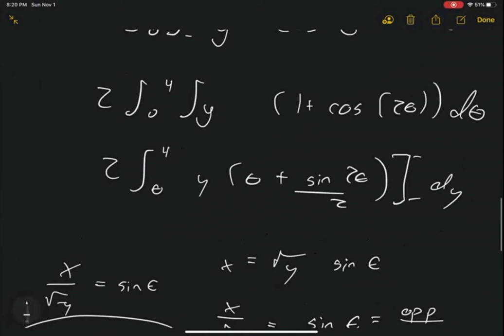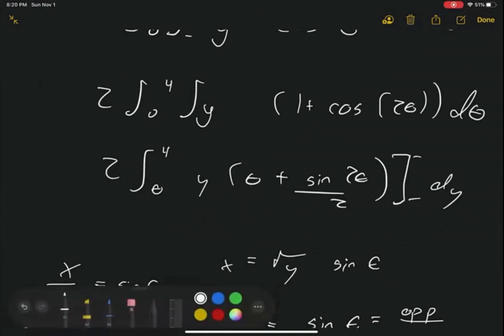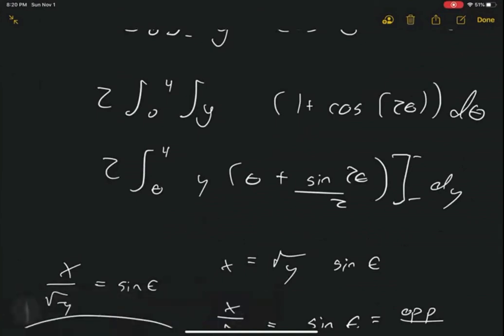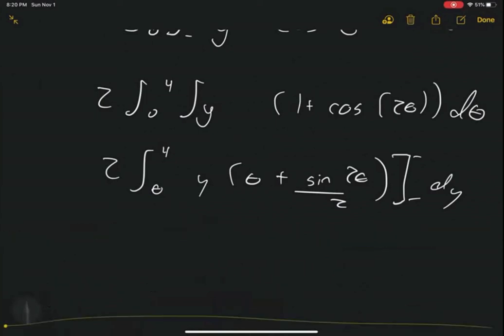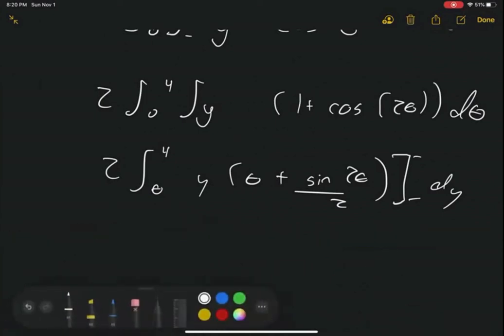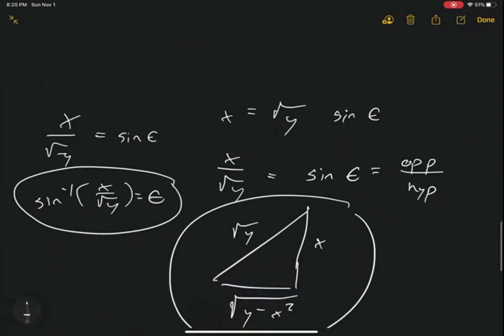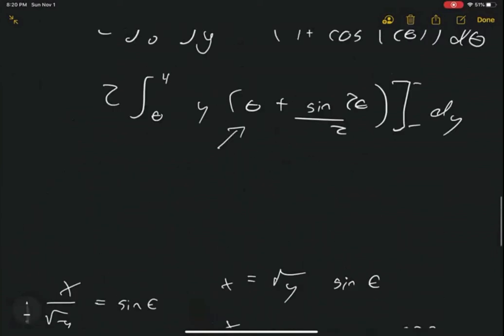That should be enough information to undo the substitution here. Well, I have a theta, and I just said theta is equal to sine inverse of x over square root of y. Okay, and then I have theta plus sine 2 theta over 2.